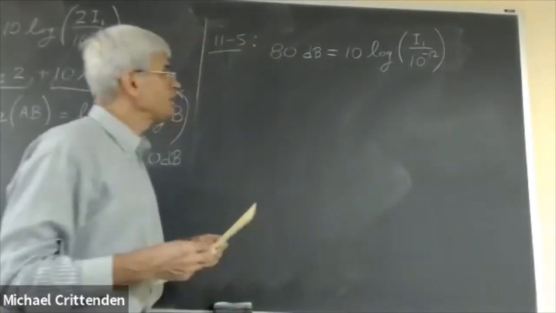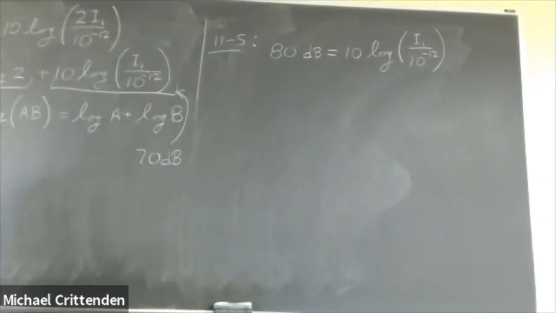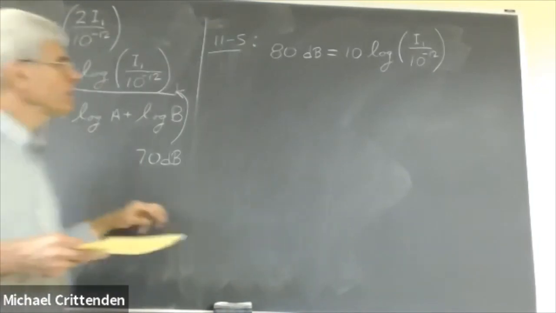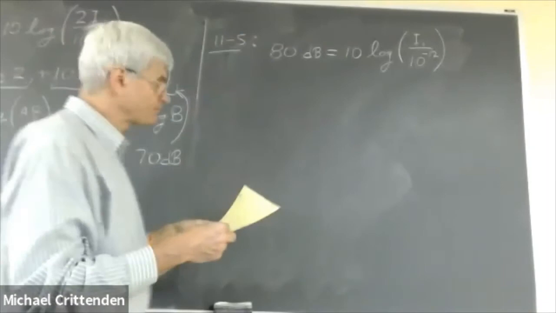Running through the details, there might be some clever way of manipulating the logarithms. In this case, I don't know. It probably wouldn't help you as much as it did in number 4. So I'm just going to do it, get a number for I and do it that way.